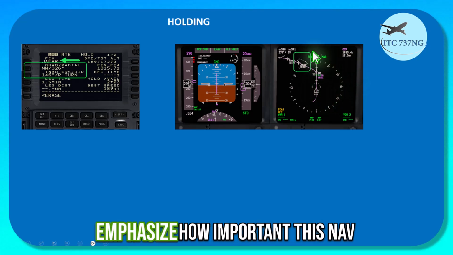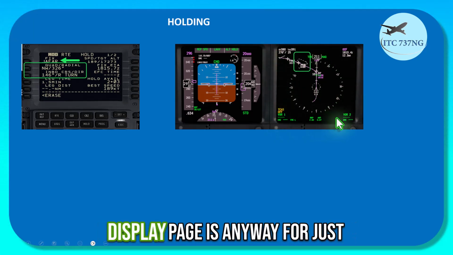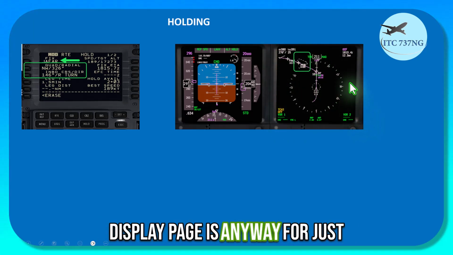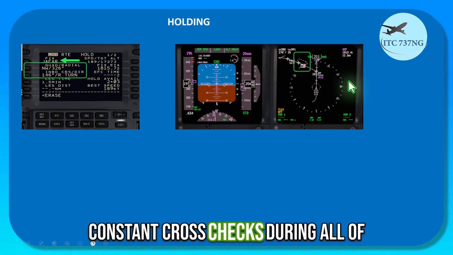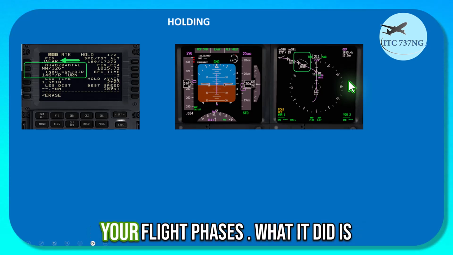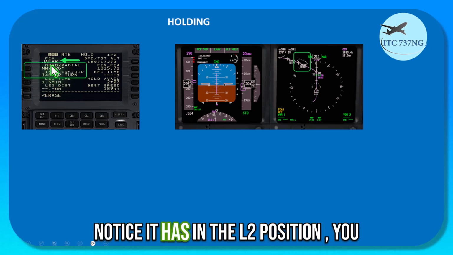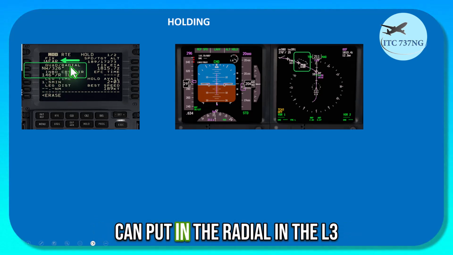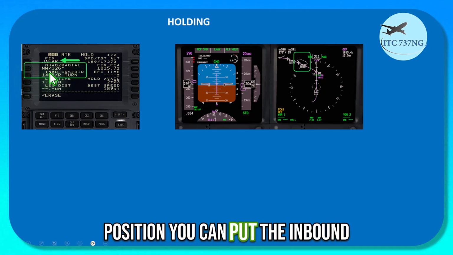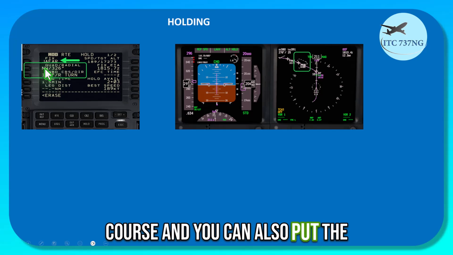And again, I want to emphasize how important this nav display page is anyway, for just constant cross-check during all of your flight phases. What it did is, notice it has in the 2L position, you can put in the radial. In the 3L position, you can put the inbound course, and you can also put the quadrants.